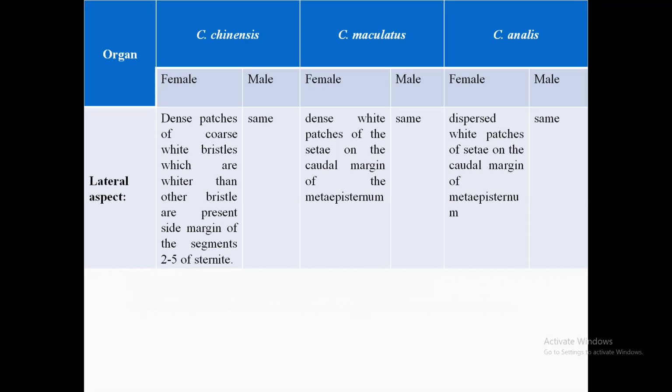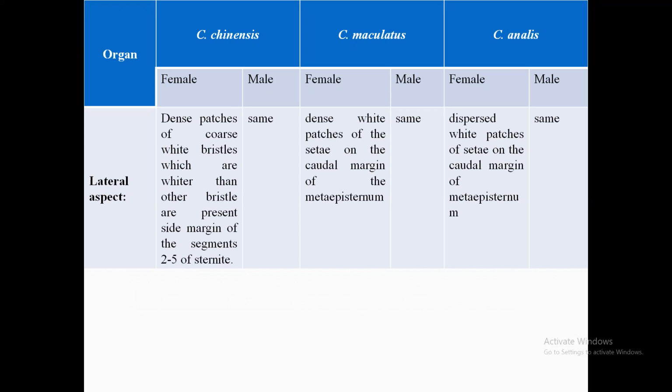by considering lateral aspects, Callosobruchus chinensis has dense patches of white recumbent bristles on the side margin of segments 2 to 5 of the sternite. In the second to fifth segments, we find white bristles like setae, in both male and female.